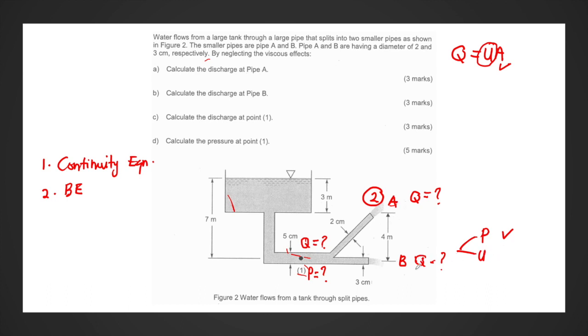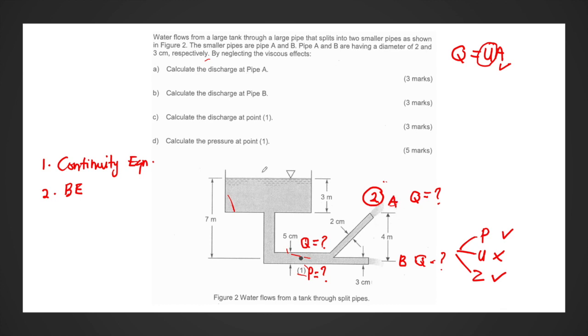Therefore, u here remains unknown. What about z? Yes, we do have z values here. Now we have only one unknown here. If we combine with this unknown velocity here, we cannot solve for the velocity at point 2. If we apply the continuity equation, there will remain 3 unknowns in your Bernoulli's equation.